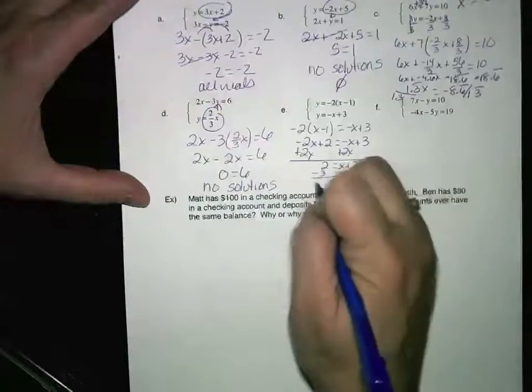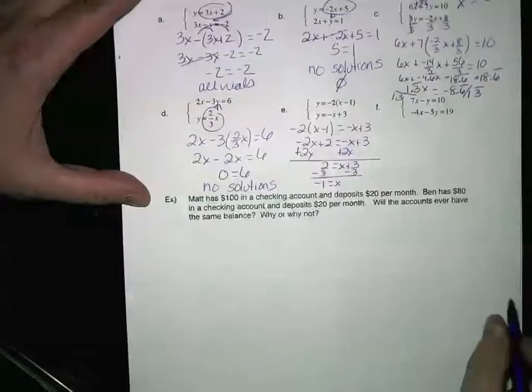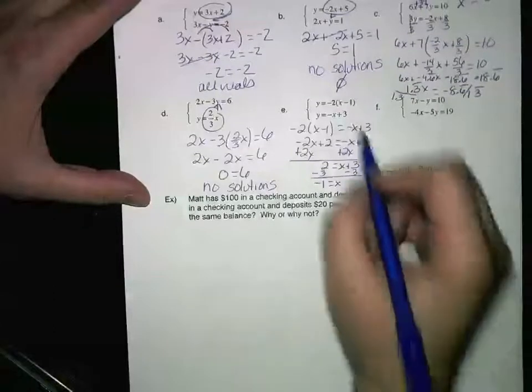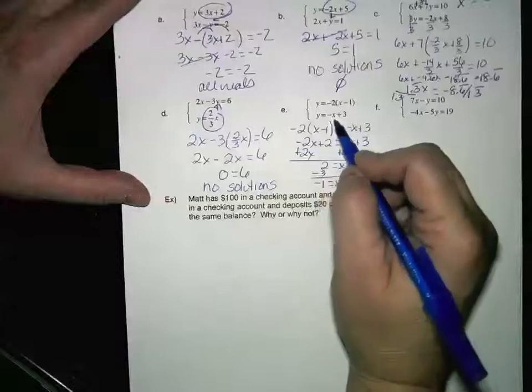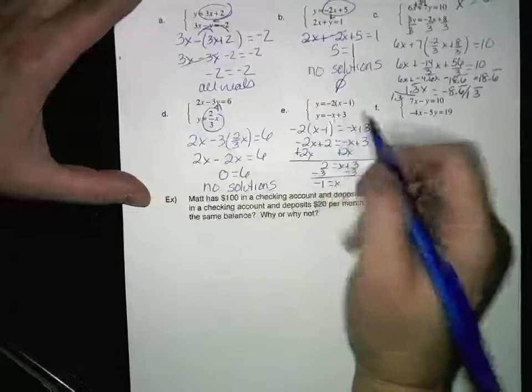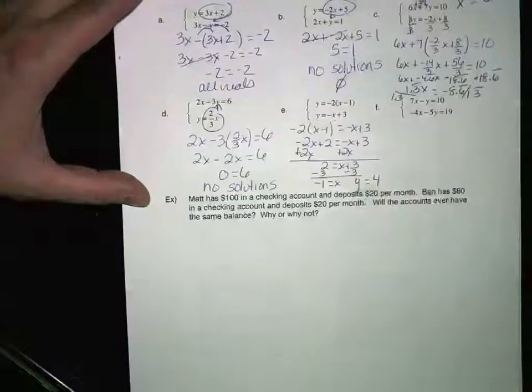Subtract 3 from both sides. And x equals negative 1. And substituting back in, I'm going to put it into this one. Negative 1 is a positive 1 plus 3, and our y will equal 4.